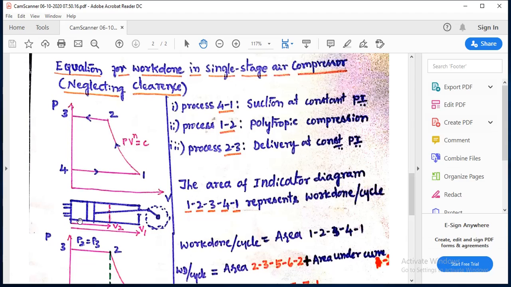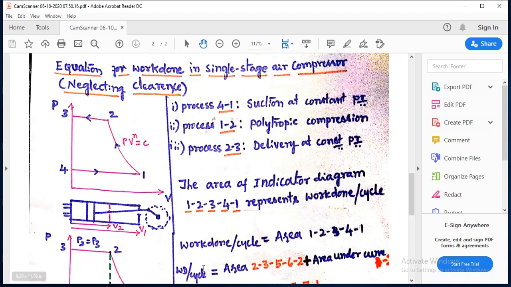So when the piston starts moving, inside the cylinder the volume increases and then pressure decreases, so that due to pressure difference the inlet valve opens and the air enters into the cylinder. So the air enters into the cylinder throughout the stroke at constant pressure. When the piston is at crank end, the cylinder is full of air, which is at constant pressure. So this stroke is called the suction stroke at constant pressure. See that here.